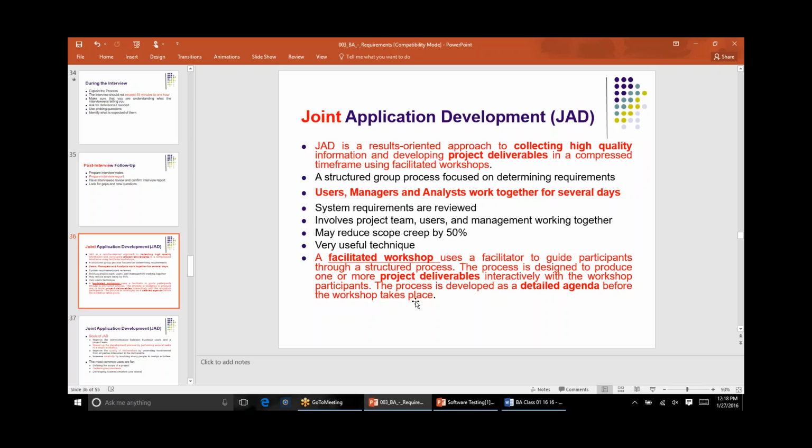But a workshop is nothing but a structured meeting.